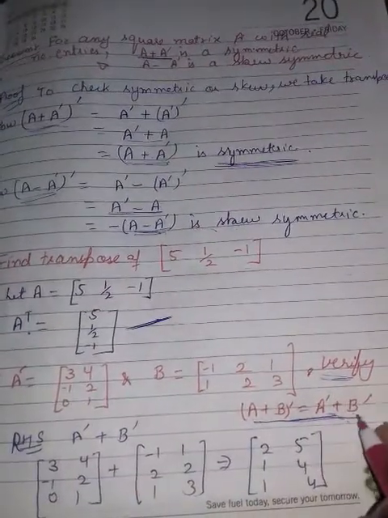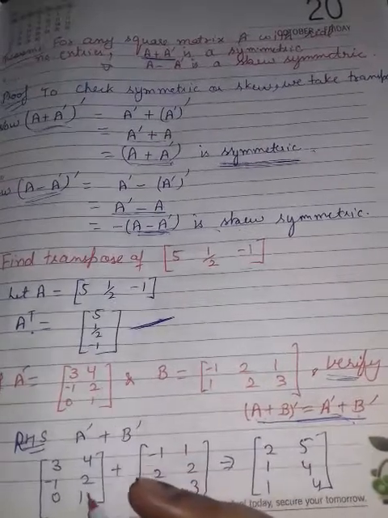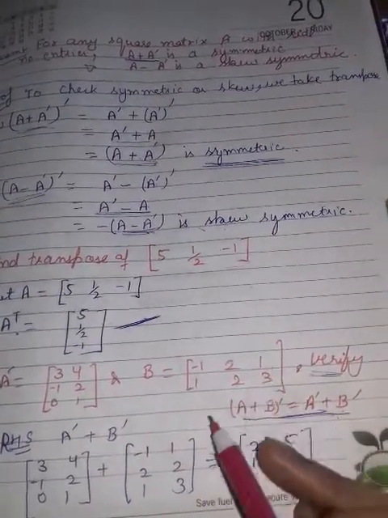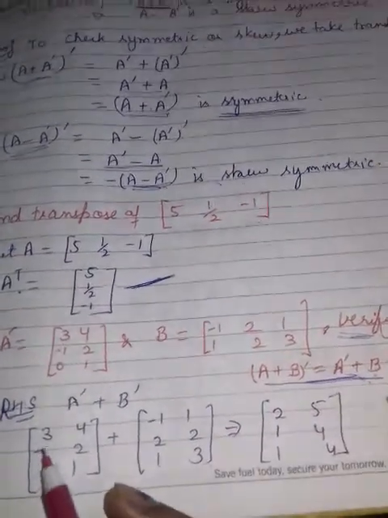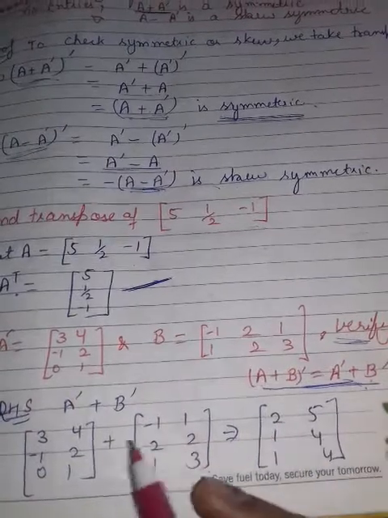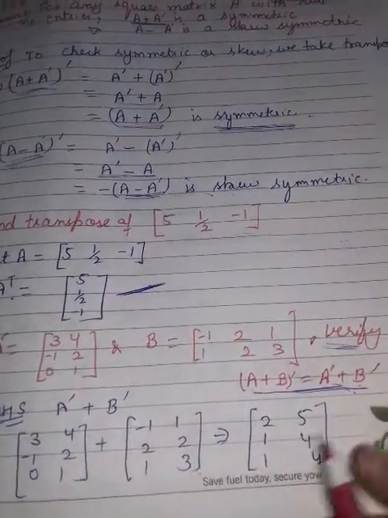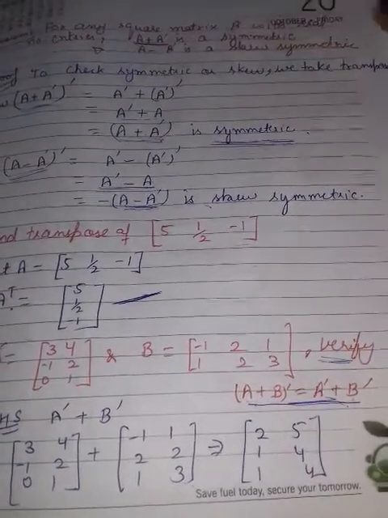Now I have taken its right hand side. A transpose plus B transpose. A transpose you have, B transpose you don't have, but you can change the first row into the first column, the second row into the second column. Now you will add them. It will become 2, 5, 1, 4, 1, 4. Corresponding elements will be added. Yes, if the sign is negative, then you will subtract.